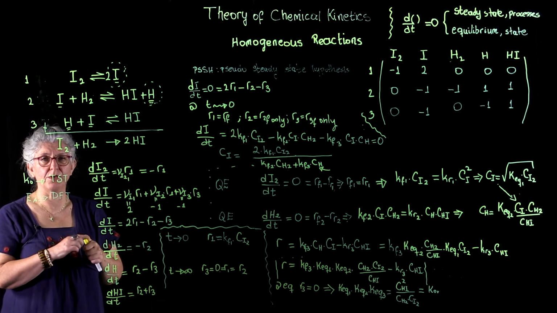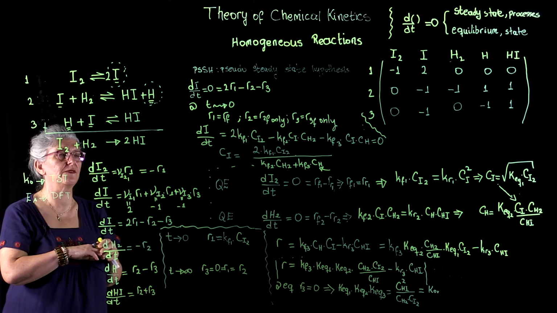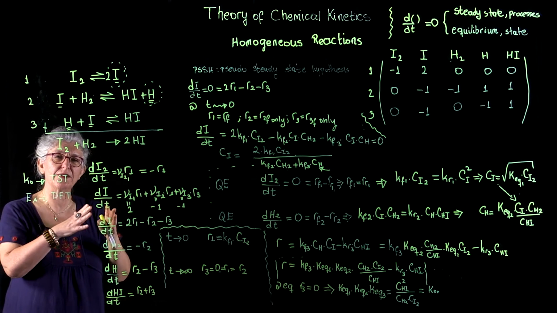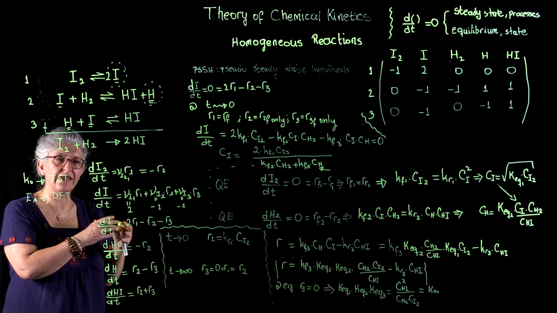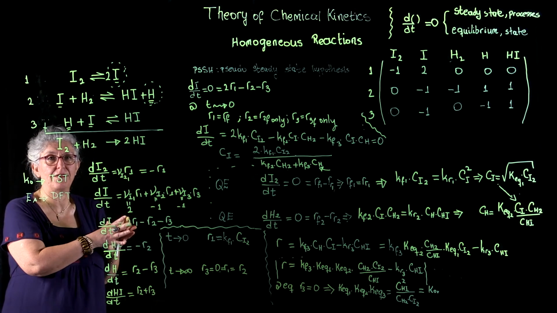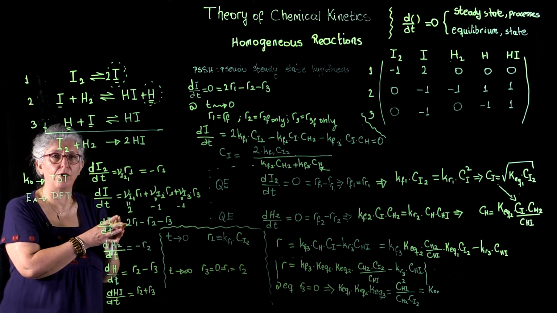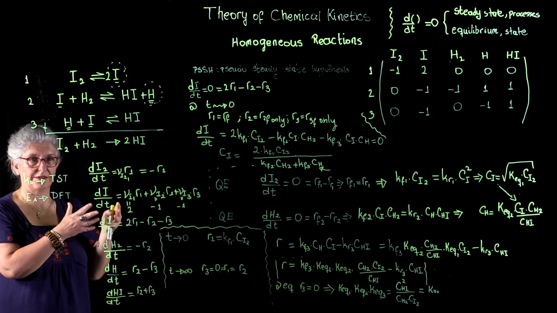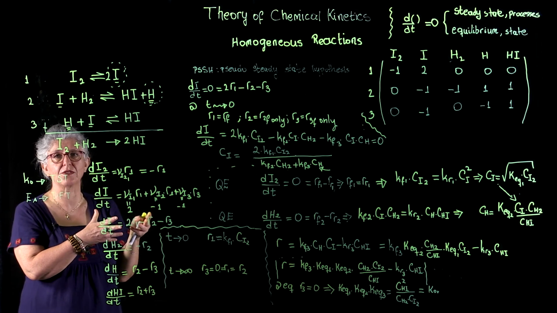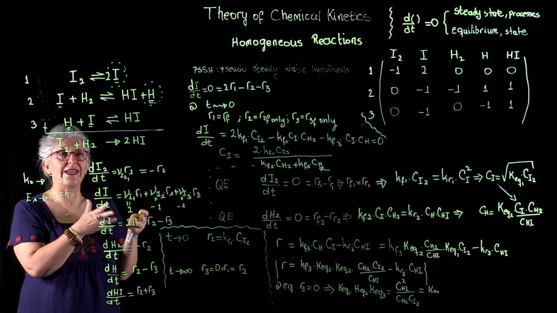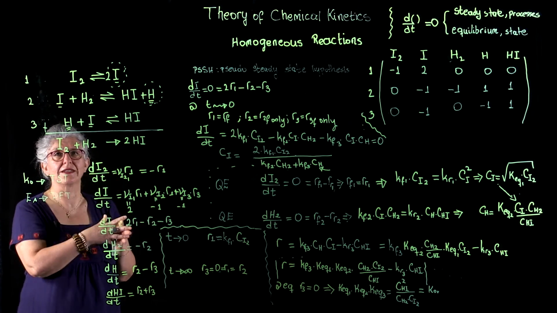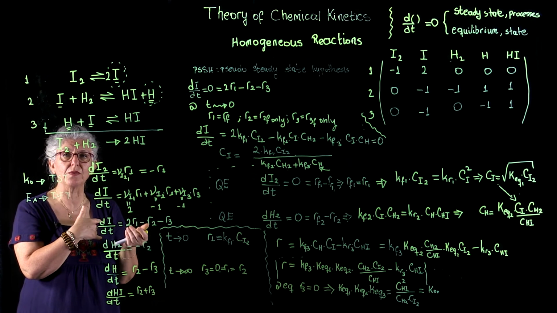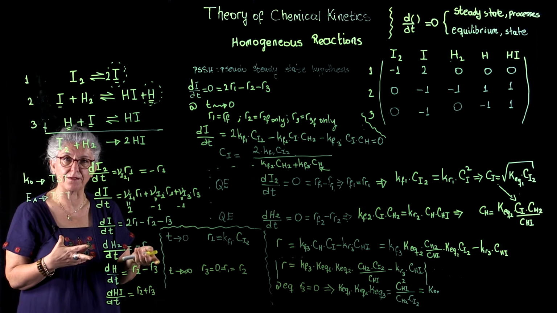The objective of this segment was to demonstrate that at different stages of the reaction, relative rates may be different. Also, at different levels of conversion, that also means different stages of the reaction, their relative rates, rate forward 1, rate forward 2, rate reverse 1, rate reverse 2, could be different.